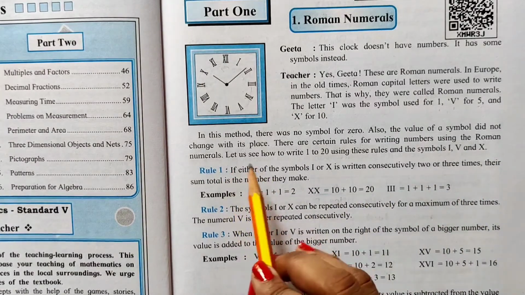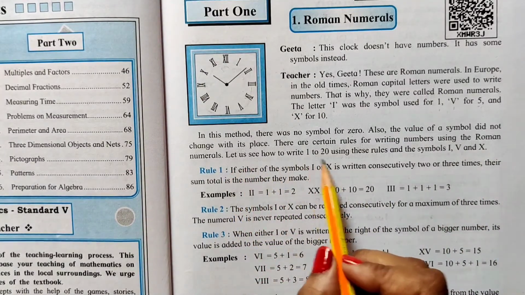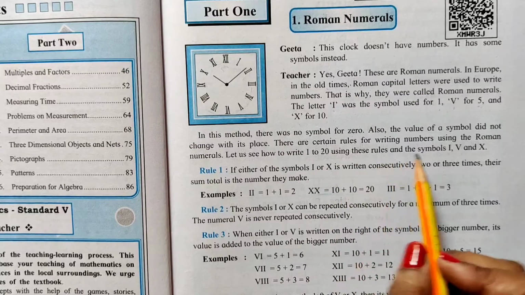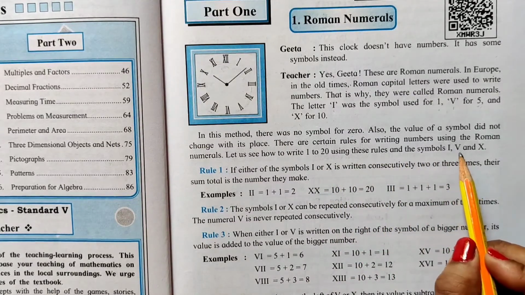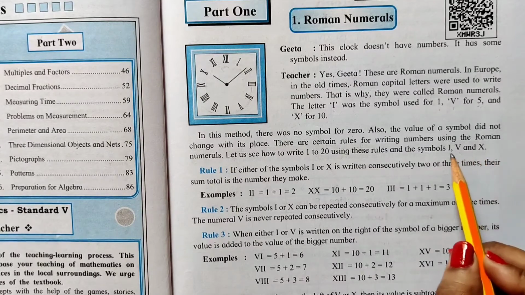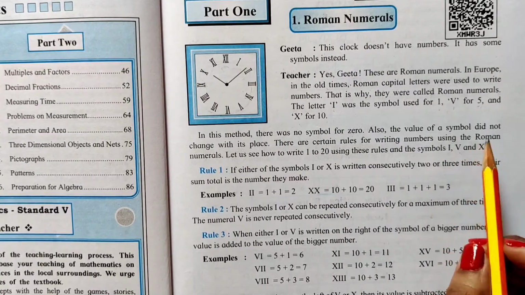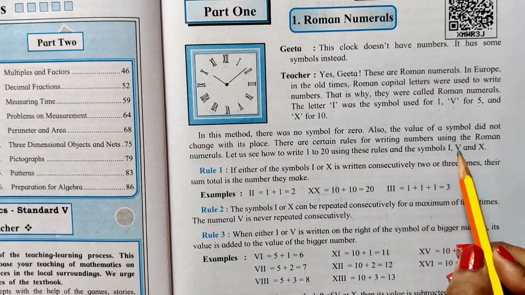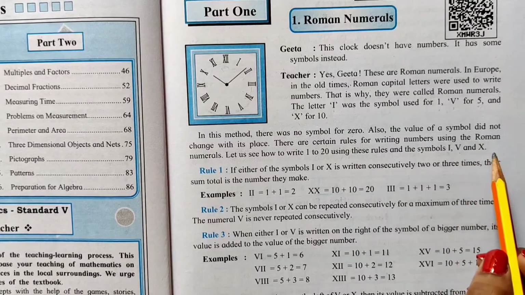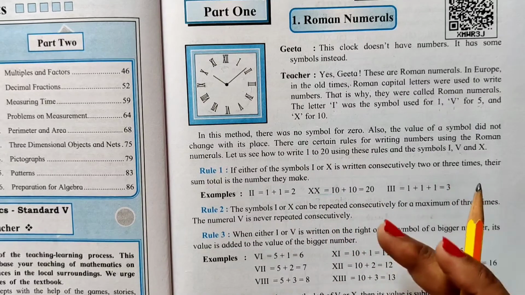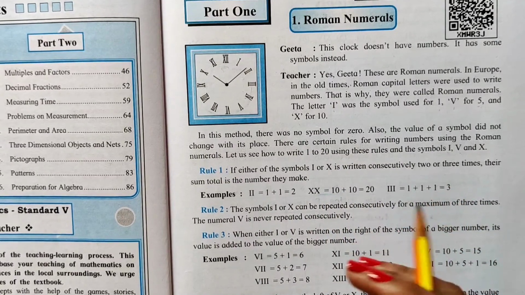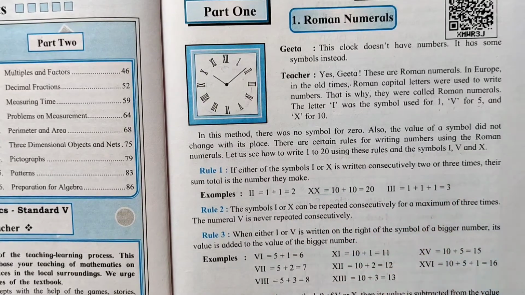So let us see how to write 1 to 20 using these rules and the symbols I, V, and X. So let us see how we can use these symbols I, V, and X to write Roman numerals from 1 to 20. So there are certain rules. We will see all these rules one by one.